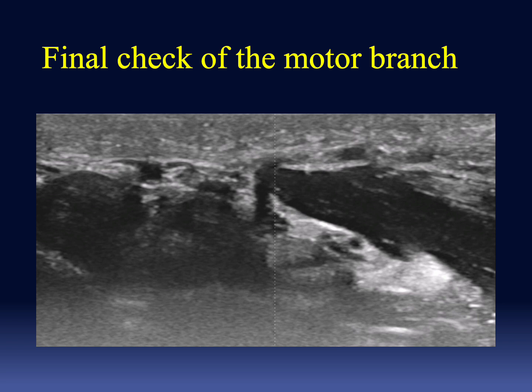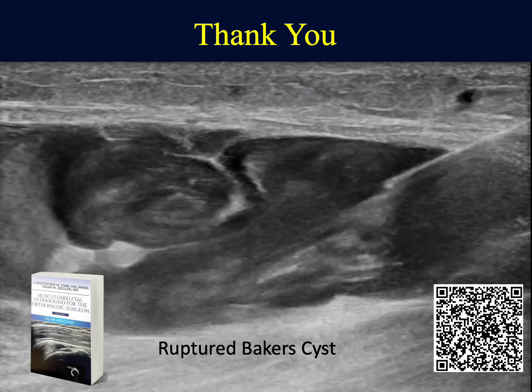Also, when the procedure is done, usually the motor branch has not been put to sleep by your lidocaine because of its position on a more radial part of the median nerve and coming out. Often, before you leave the operating room, you can test the function of the motor branch. And this is where the motor branch is. You can see it's quite thick.